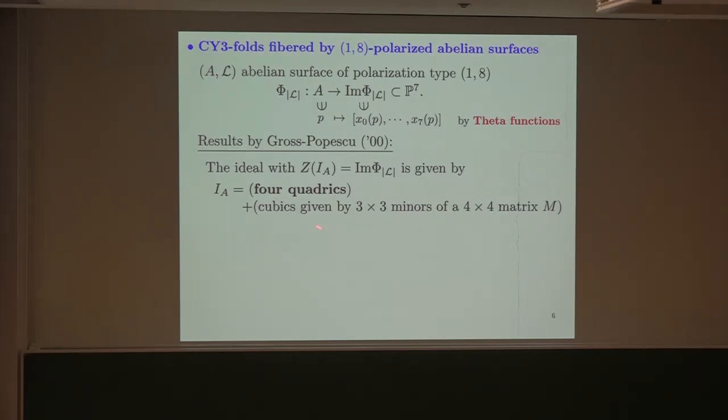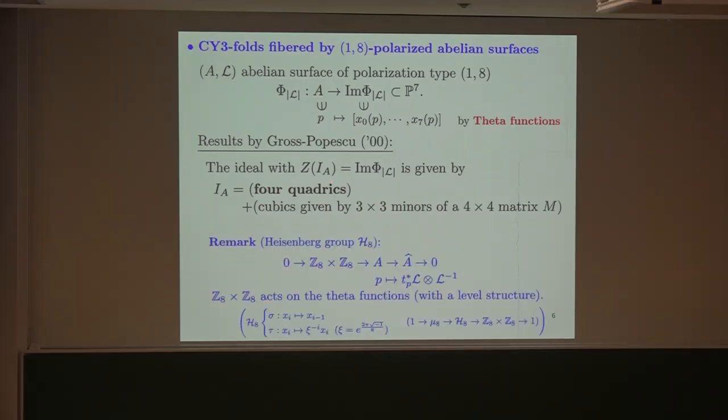But they found how to find the equations here. For the quadrics, I'll soon show you the very simple ones. This is their result: they found the vanishing ideal for the image in this embedding problem.